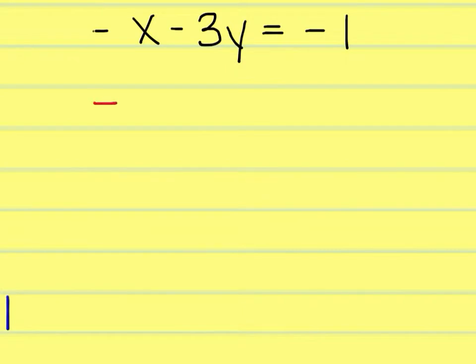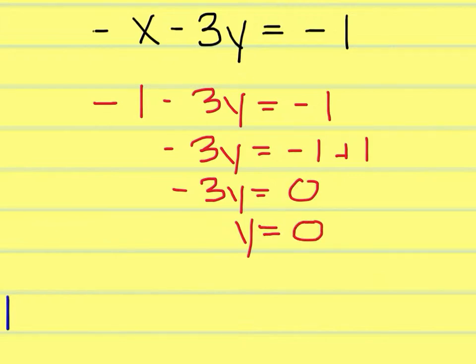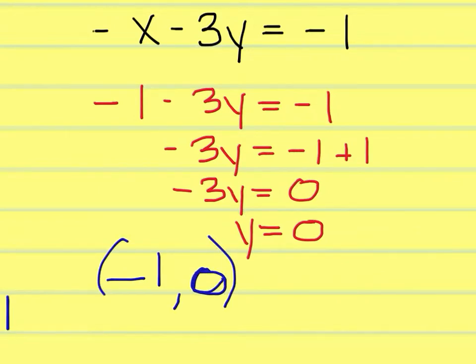So if we put in a 1 for x, we can solve it. For y, a -3y would equal -1 plus 1. That comes out to be 0. So clearly the answer is 0 for y. We plugged in a 1 and came back with 0, so that is one of your solutions.